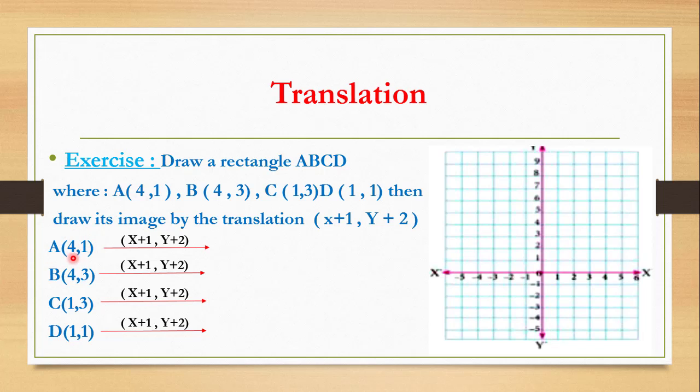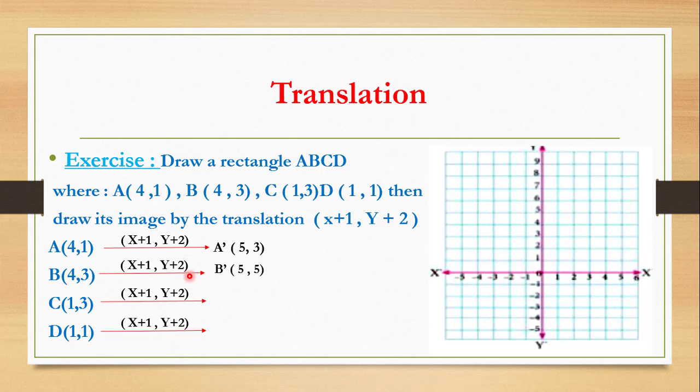A is (4, 1). So 4 plus 1 is 5, 1 plus 2 equals 3. So the image is (5, 3). B is (4, 3). The image B dash will be 4 plus 1, which is 5, and 3 plus 2, which is 5.